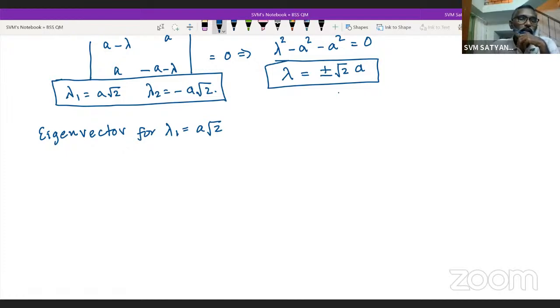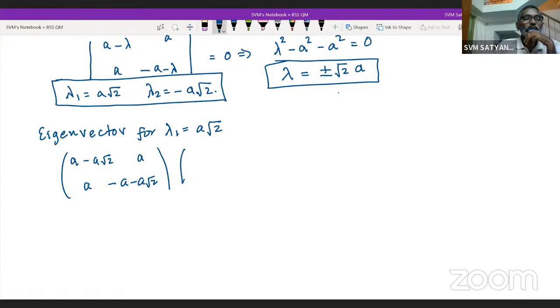So I have A minus A root 2, A, and A, minus A minus A root 2, acting on some (x, y) equal to (0, 0). That is the eigenvalue equation, right?